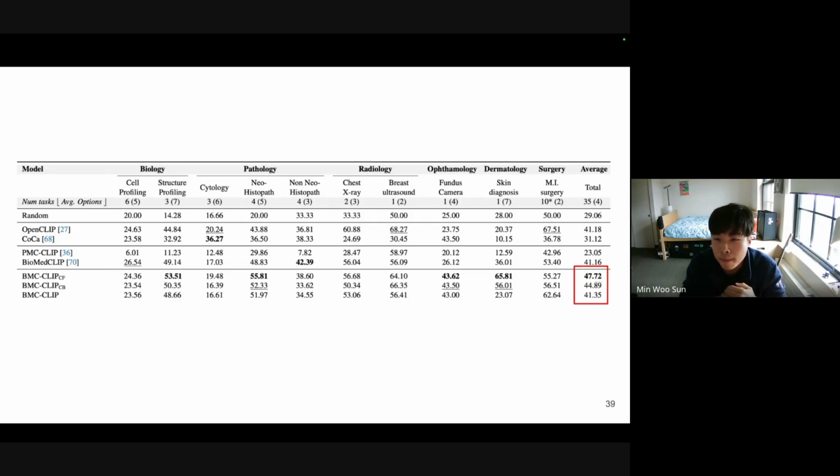Next slide. So when we look at our family of Biomedica CLIP models, we outperform on average across all these biomedical domains compared to the prior models.